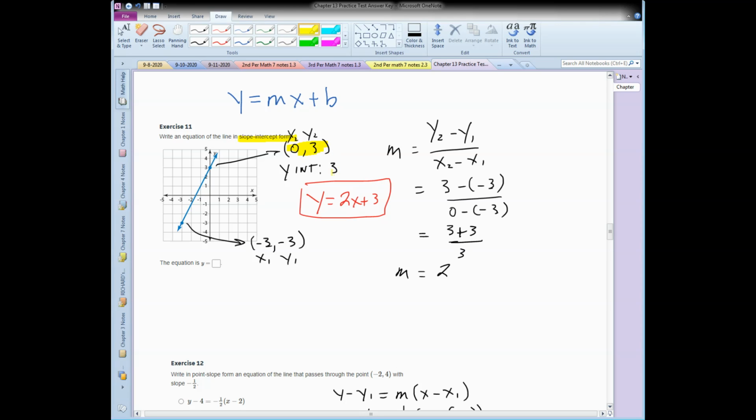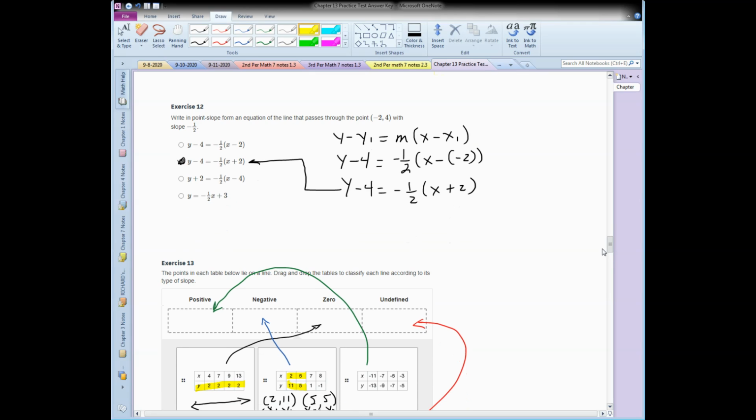X is 0, y is 3, so there's my y-intercept. I have another point, and with 2 points, I can always find the slope. So I do that, and I labeled my points x sub 2, y sub 2, and x sub 1, y sub 1. I use the slope formula, and I calculate the slope to be 2, and then I go ahead and write my equation in slope-intercept form.